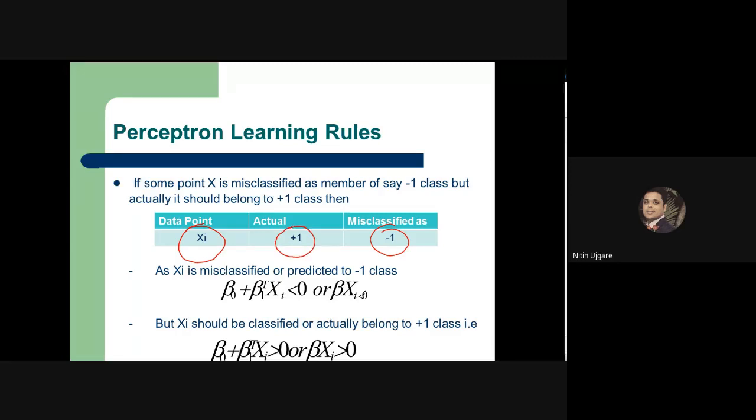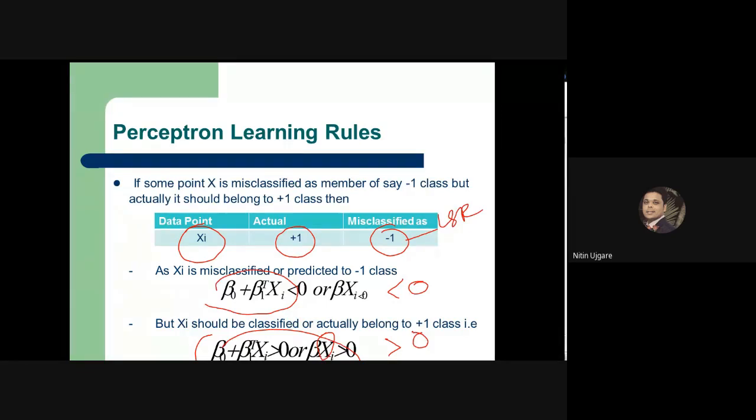How do we represent it mathematically? Misclassification means the value of this equation, as predicted by our classifier, is less than 0, but if you put the actual value of this Xi into this, the actual value is greater than 0, that is positive.